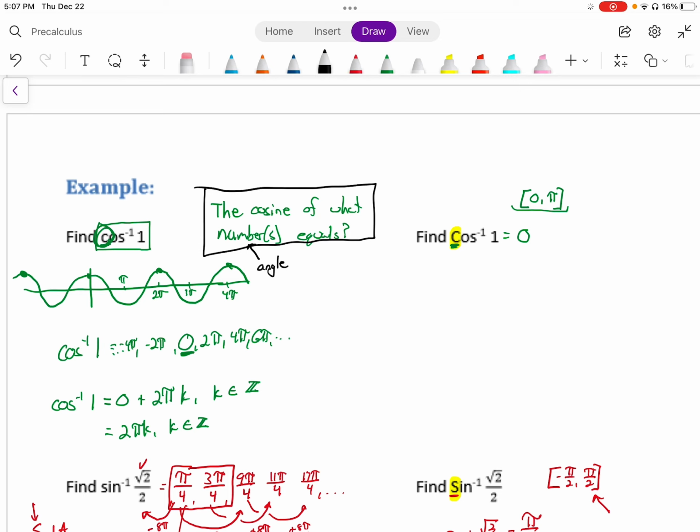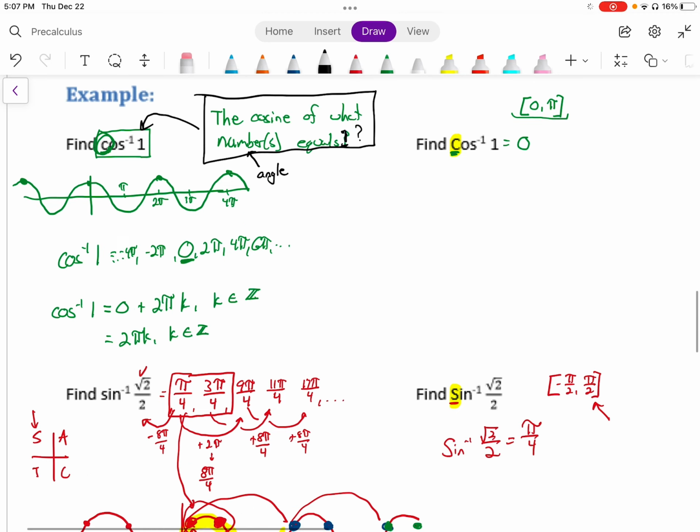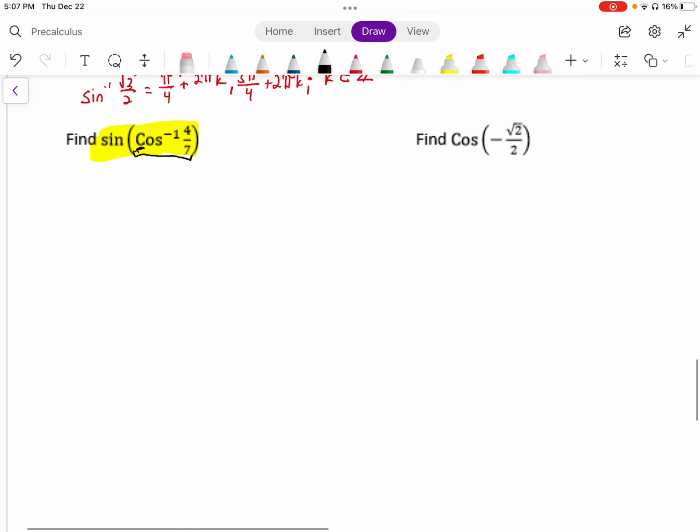The cosine of what angle equals 1. I should have put that in there. All right, so we're looking for an angle there. So when we come down here, this part that I'm underlining here is actually just an angle. We'll call it theta.